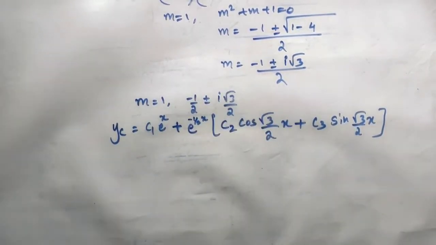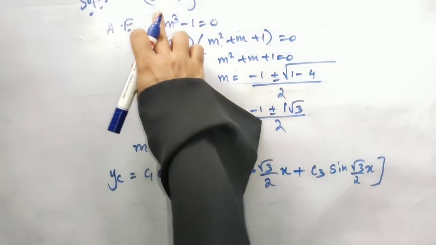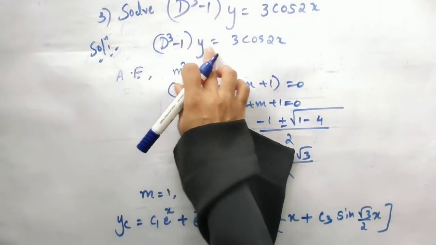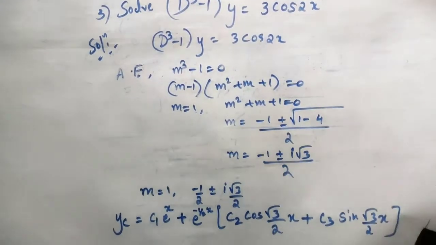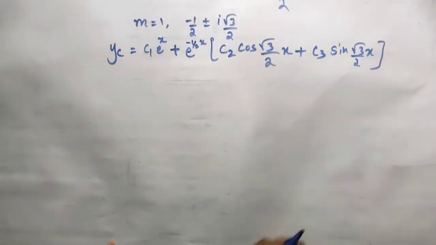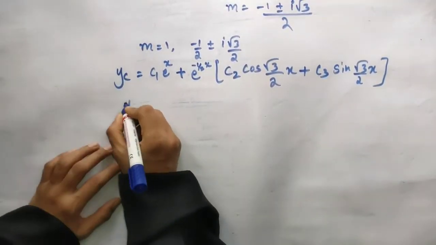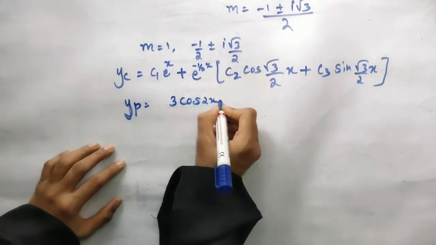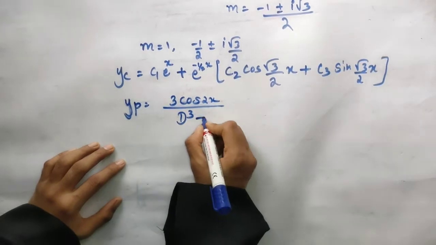From the very first equation itself, look at this, it is d cube minus 1 of y is equal to 3 times cos 2x. You have to separate your y and call it yp. So yp will be 3 times cos 2x divided by d cube minus 1.